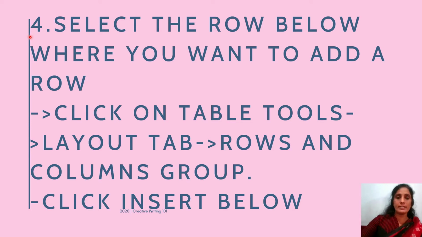For that, first step is select the row below where you want to add a row. Second step, click on table tools, then layout tab, then from rows and columns group, click insert below. These are the steps to follow to insert a row below the table.